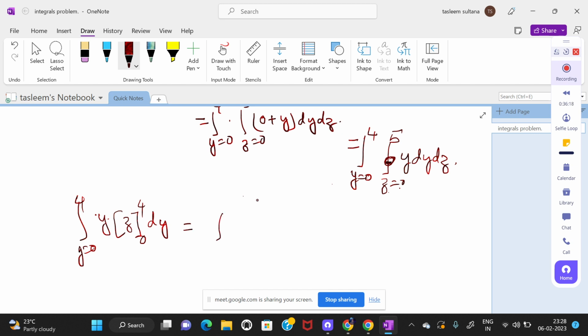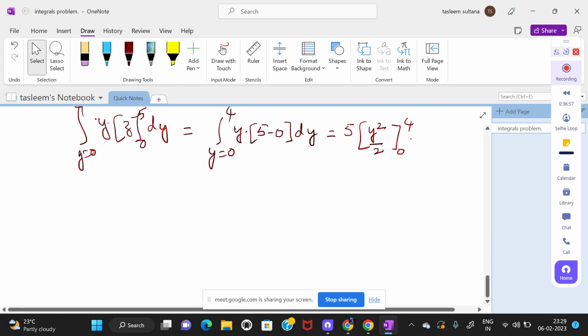It's equal to integrating y from 0 to 4, y into 5 minus 0, into dy, which is equal to 5 into, with respect to y, y square by 2, limits from 0 to 4.